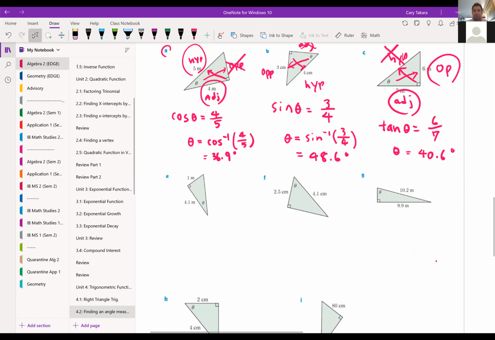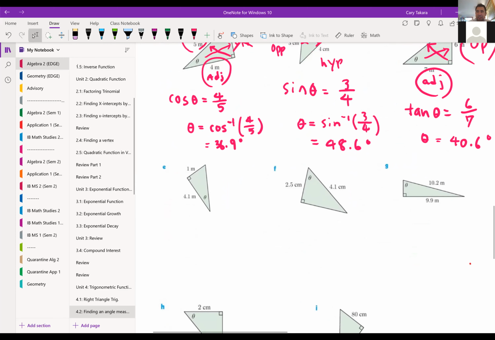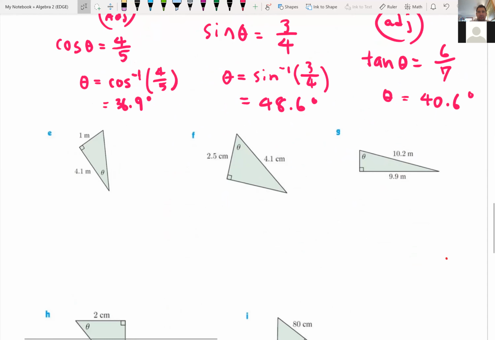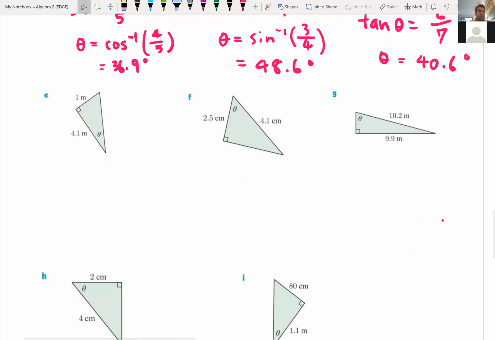So let's move on to E. Is anybody able to see that? Okay, again, label always first. Opposite. Hypotenuse is the side across from 90 degrees.